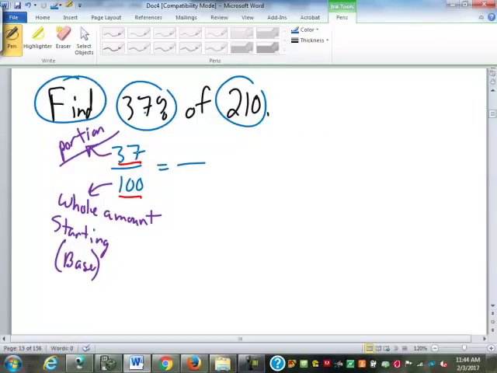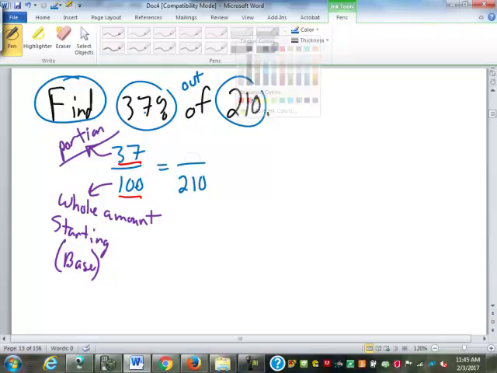One of them matches up with that portion that we're looking to focus on, that's the 37. One of them matches up with the whole amount, which is the 100. Well, when I read this, whenever I see of 210, I read it as out of 210, which implies the 210 goes on the bottom of that other ratio.